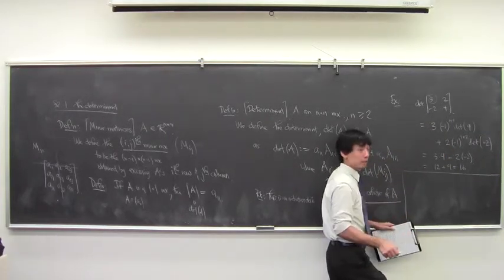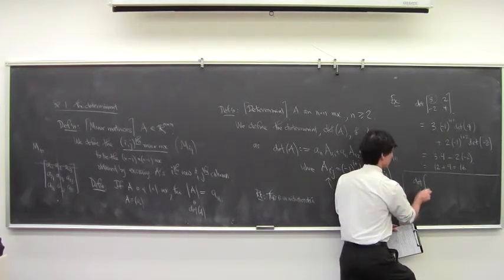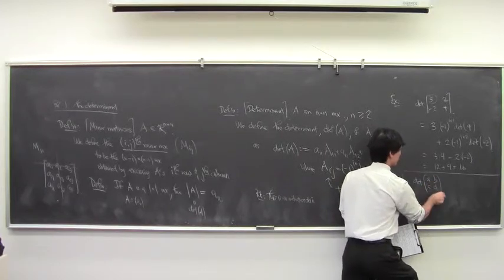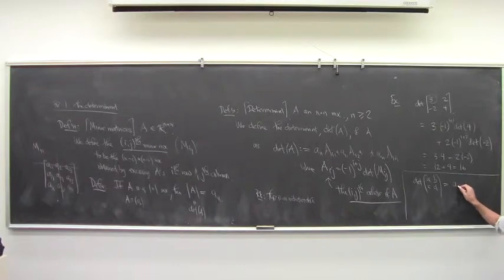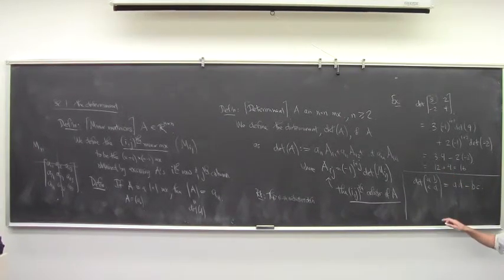Right. And in general, if I'm looking at the determinant of some matrix A, B, C, D, some 2 by 2 guy, well, what do I get? I'm going to get A times 1 times D plus B times negative 1 times C. So it'll be AD minus BC if you just go through the definition.